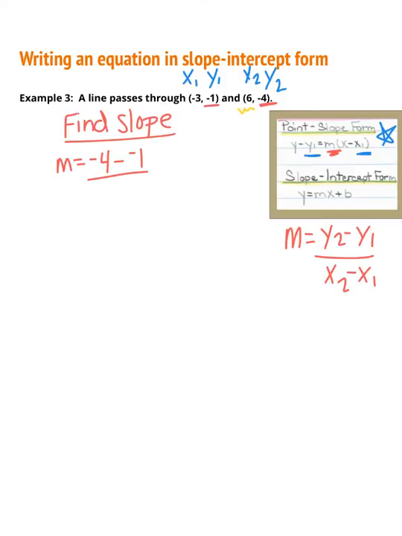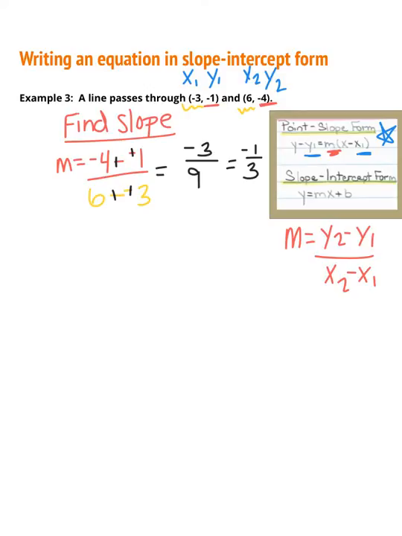So x2 is 6 minus x1 is -3. Be very careful. There's a lot of negatives and subtractions here. So -4, I'm going to change that to plus positive. So it looks like we have a -3 on top, and same thing on the bottom here. I'm going to change that to plus positive. So we should have 9 on the bottom, which reduces to a slope of -1/3.